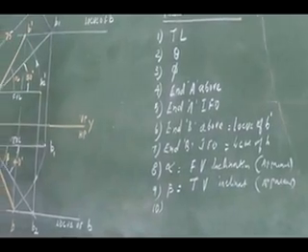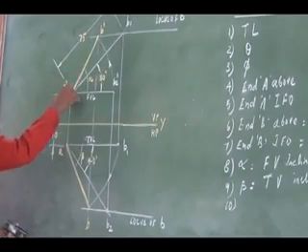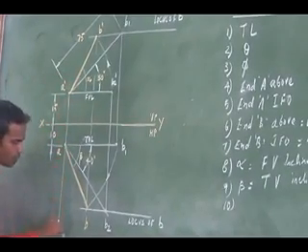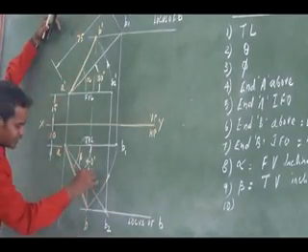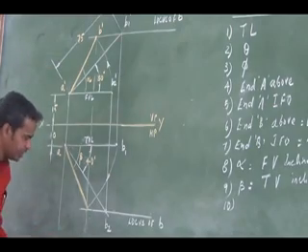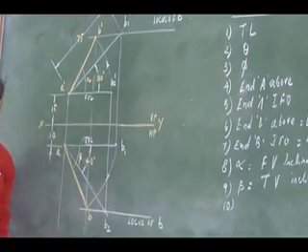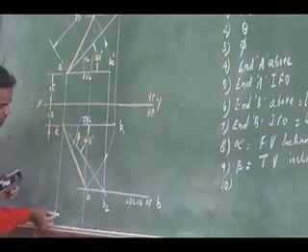Apart from this, there will be more data. You see here, what is the distance? This is nothing but my one end projector, and B dash, I will have another end projector. So the distance between these end projectors may be given in a problem.